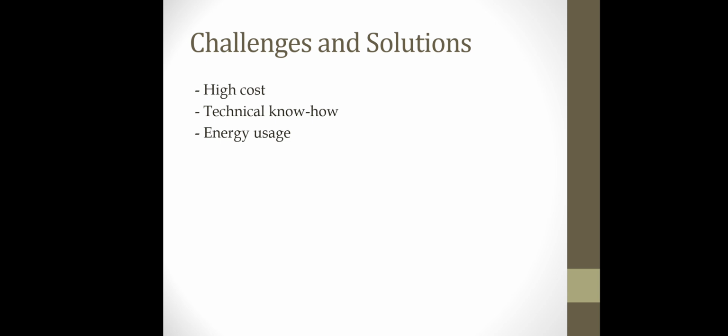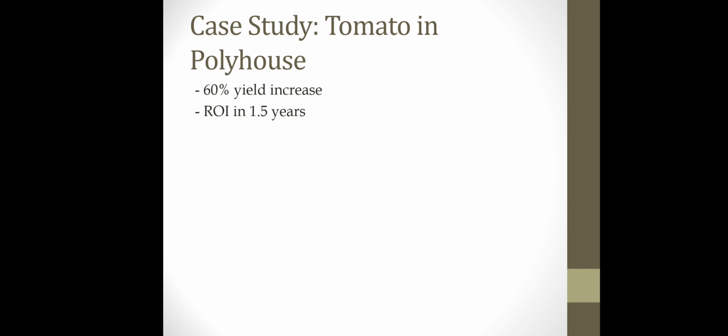So what are the challenges and solutions of crop growth management? They are high cost, technical know-how to utilize it efficiently, and energy usage for crop growth management. These are the major concerns and challenges in a crop growth management system.